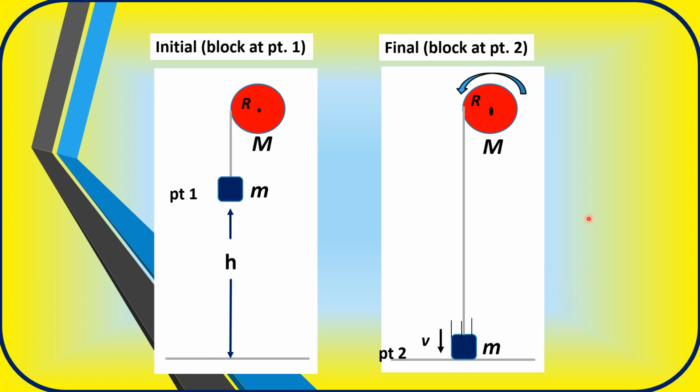For question number 2, we have this illustration. The problem reads, a light non-stretching cable is wrapped around a solid cylinder. This is the solid cylinder whose mass, capital M, is given, and it has a specific radius labeled capital R. It's also given.